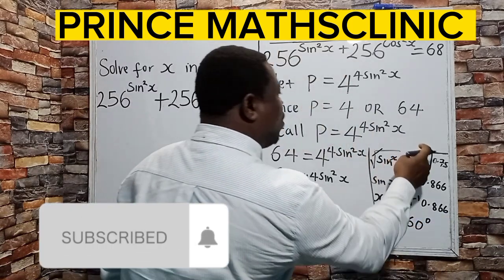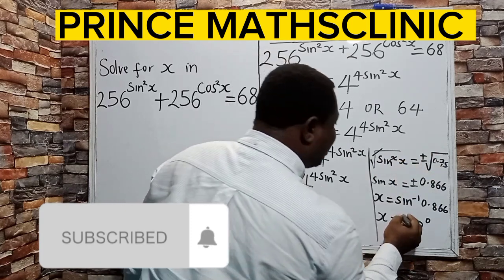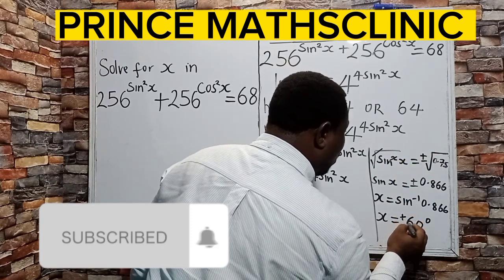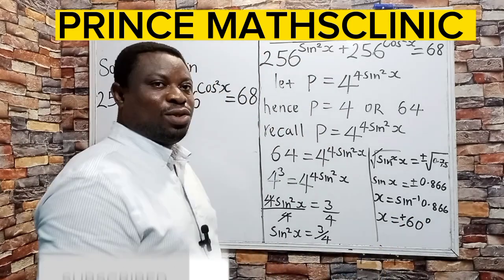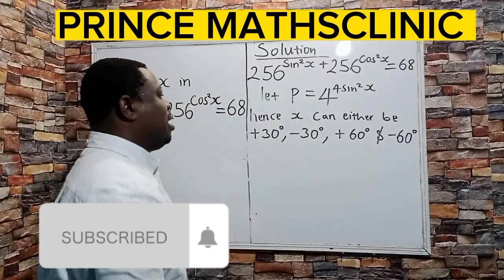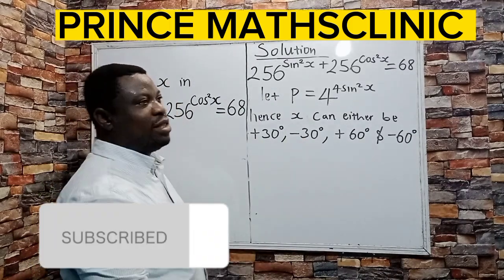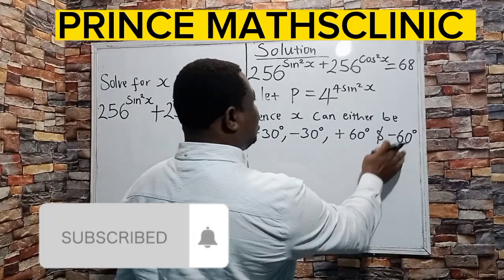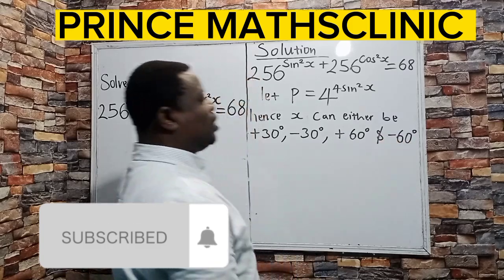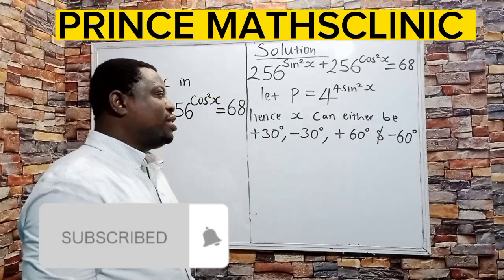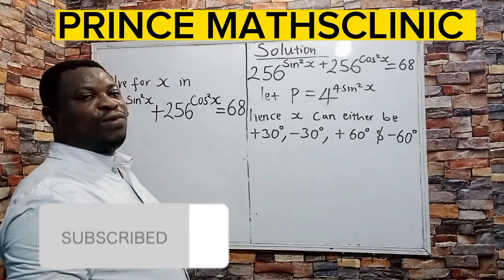Now, because you have plus or minus, it means that this 60 degrees can either be plus or minus. That is positive 30 degrees, negative 30 degrees, positive 60 degrees, and minus 60 degrees. These are the possible values for x.